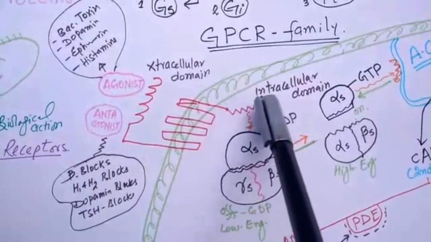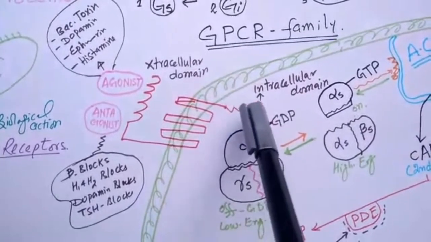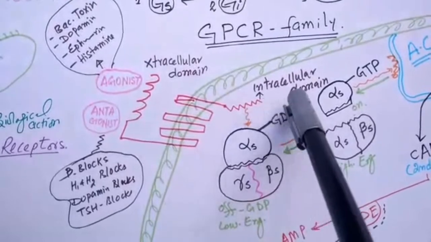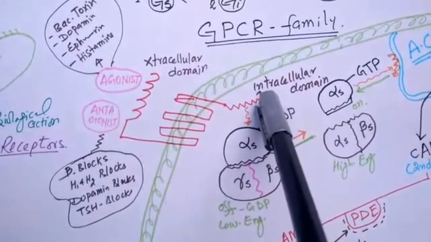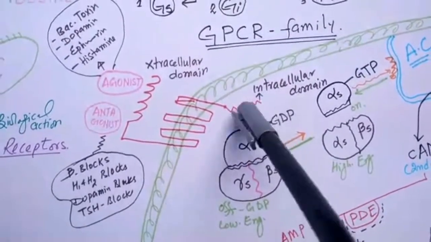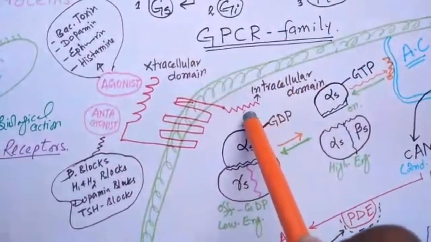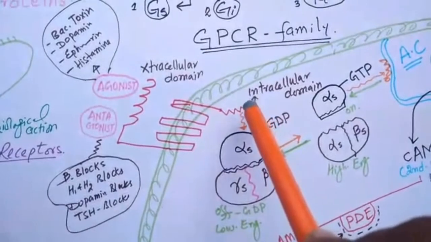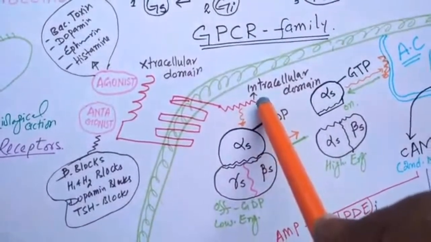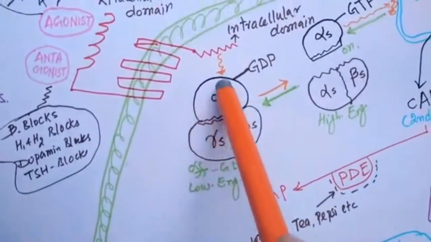Once the chemical message reaches here, this intracellular domain becomes activated, and before it was inactive. Once this is activated, it phosphorylates the GS protein.